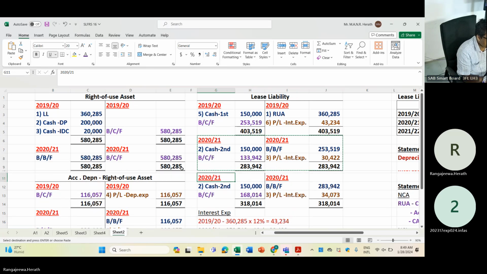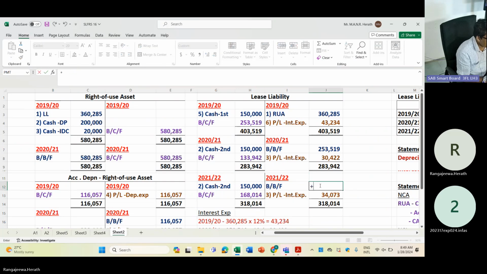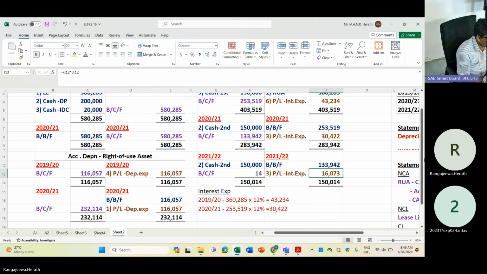Year 2021-22. Brought forward balance 133. Now repayment 30.